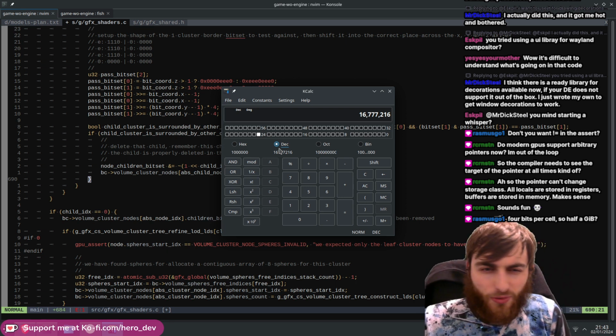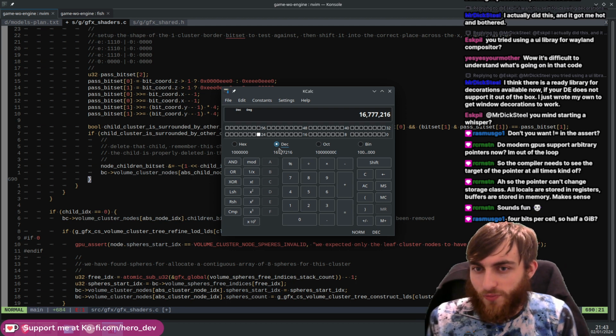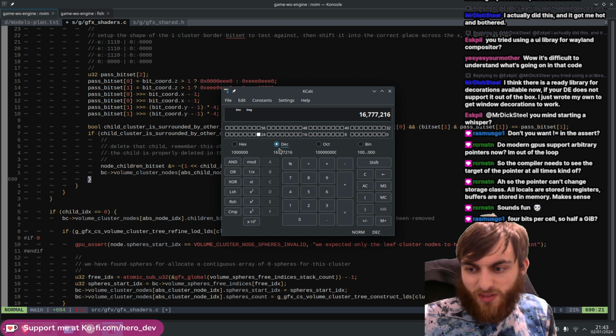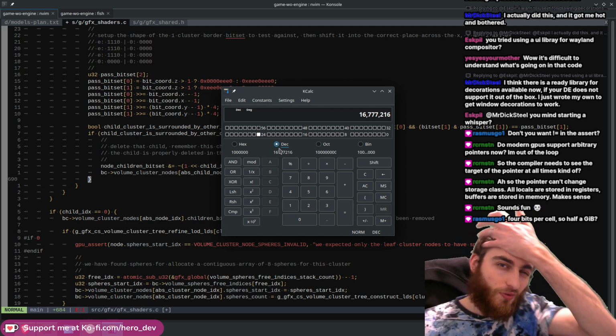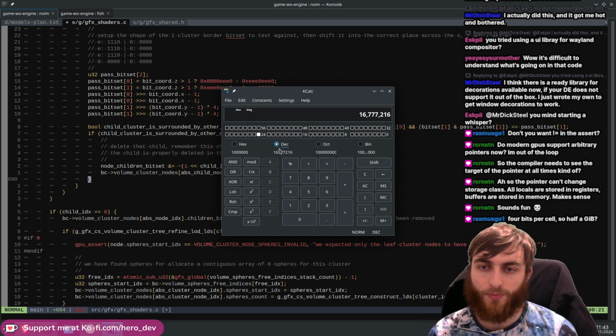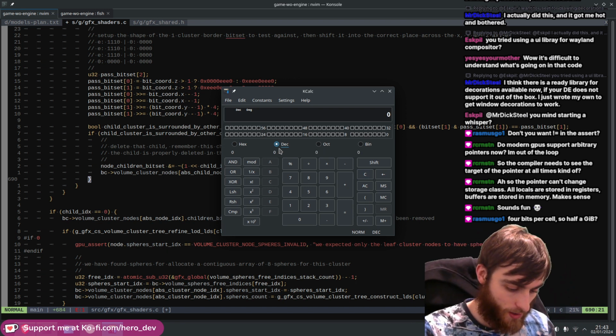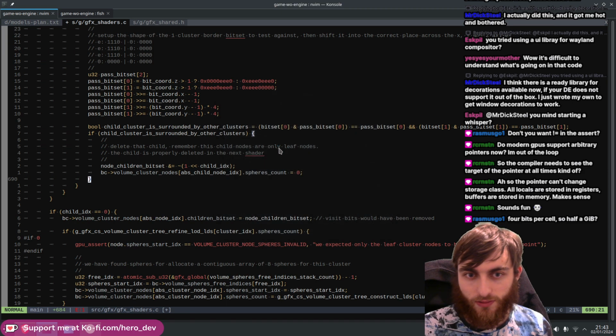And then there's probably something to do with the cluster nodes as well. But it's definitely a feasible amount of space. It's not gigabytes. It's maybe like 250 megs at most for build space. So it should be ideal, and the bit set fits in there nice and easy as well.